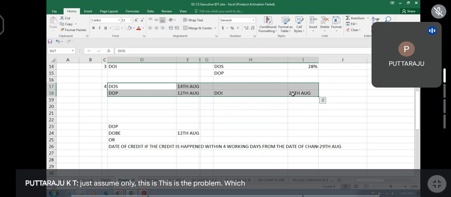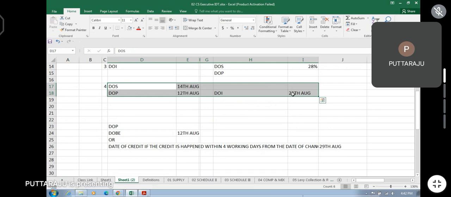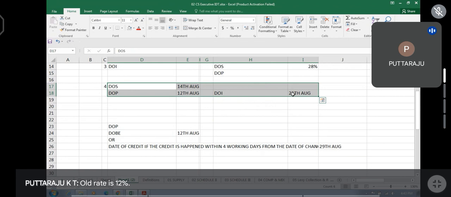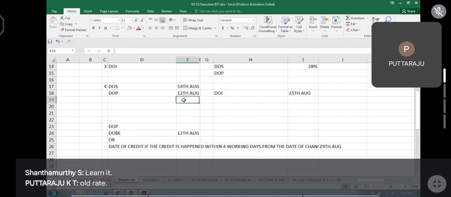Which rate will you apply? Old rate is 12%, new rate is 28%. Which rate will you apply? Old rate. 12% you will apply.